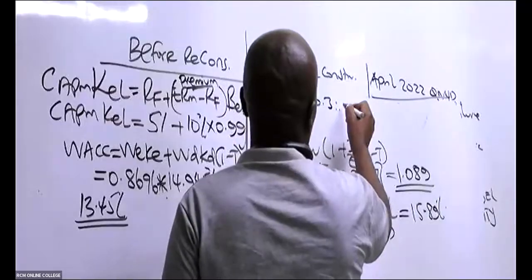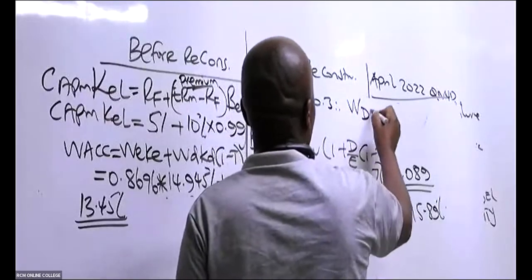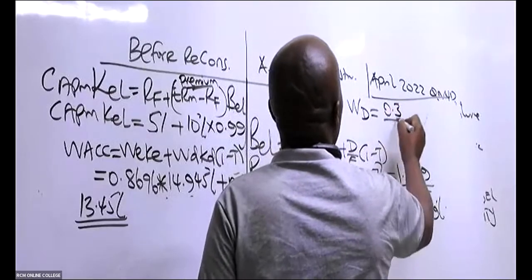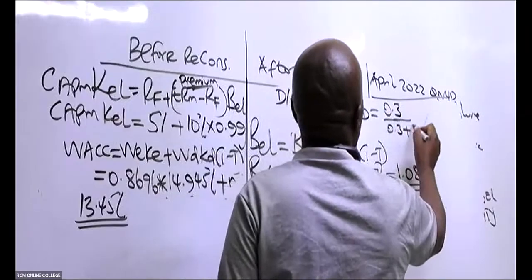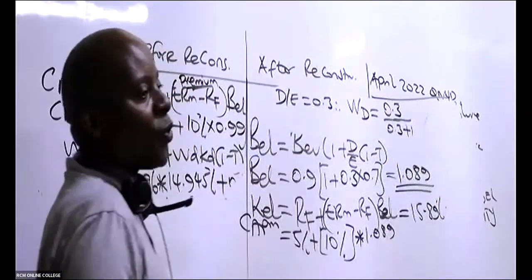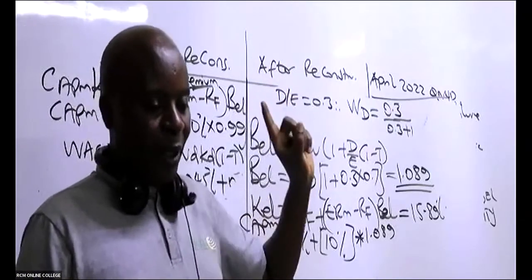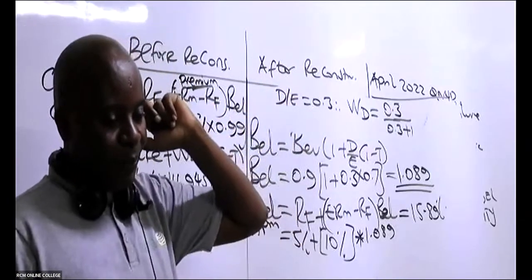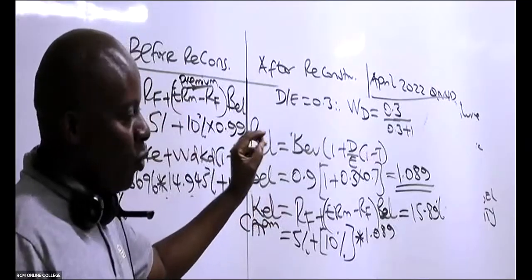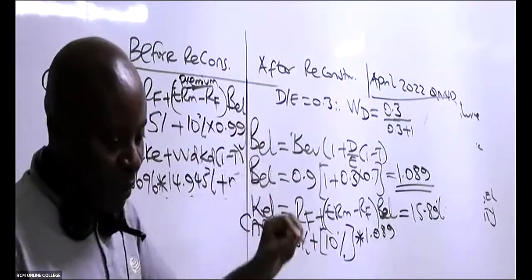Then I will easily give you weight of debt, which will be 0.3 divided by itself plus 1. You take 0.3, you divide by 0.3 plus 1, which is the same as 0.3 divided by 1.3, which will give us what answer?